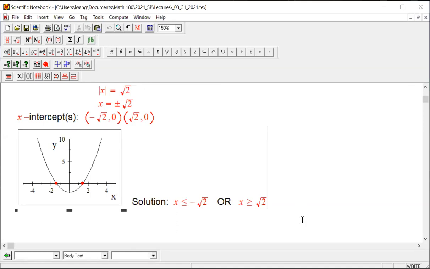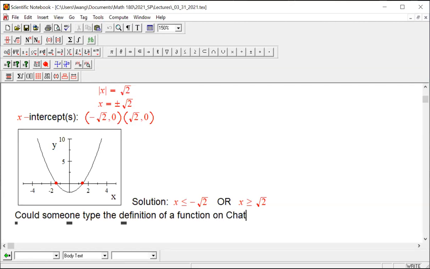So now I want you guys to look at the definition of function one more time. Can someone type the definition of function in the chat? We can have multiple. Go for it.